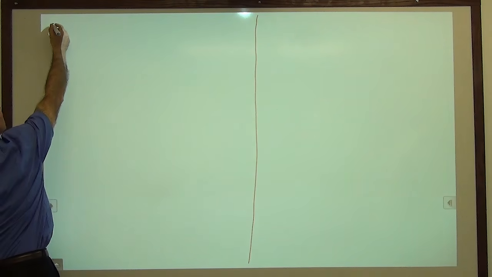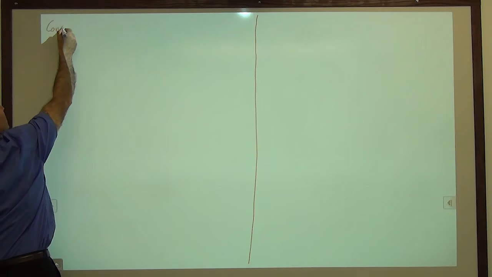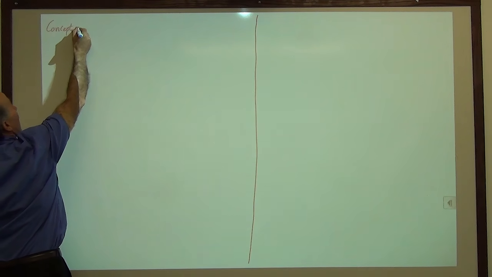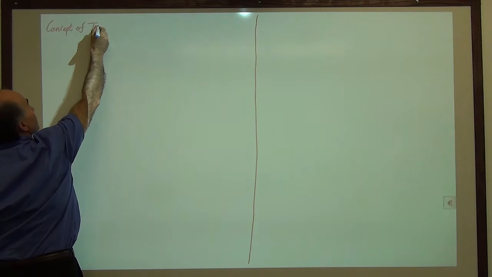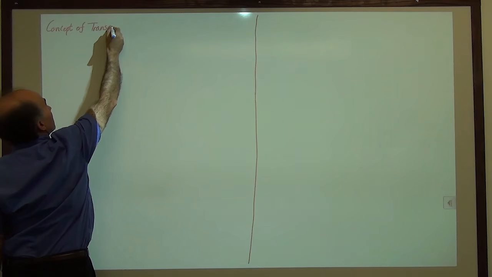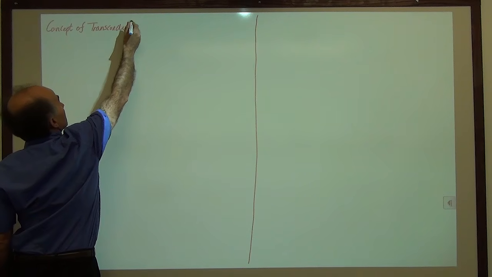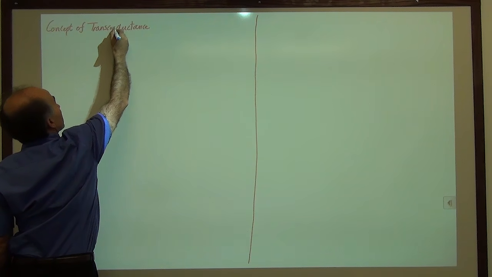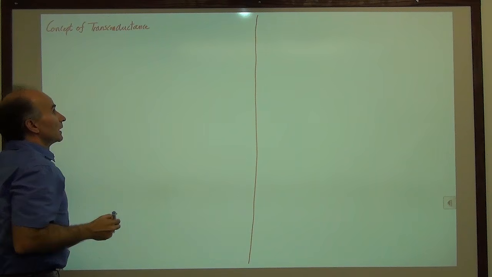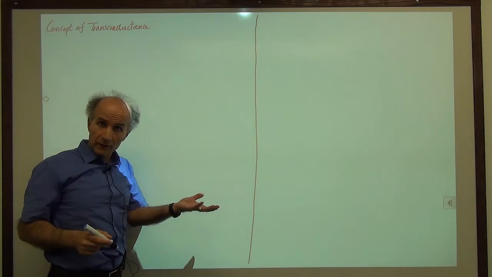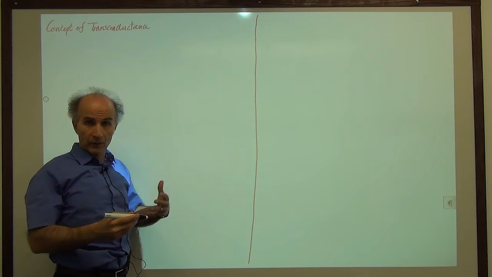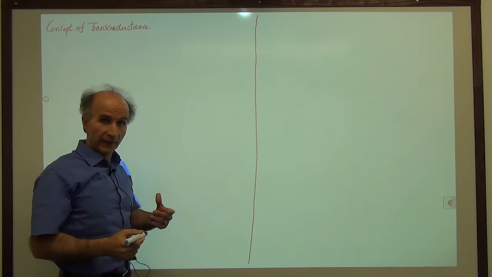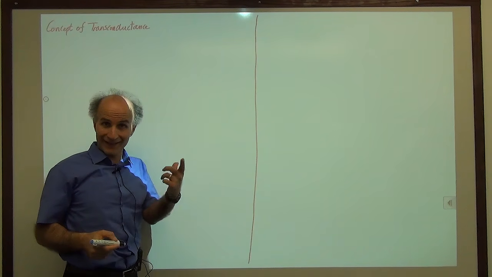And that's what we call the concept of transconductance. Conductance. So a transconductor, like a transistor, has a certain amount of transconductance, just the way a resistor has a certain amount of resistance.